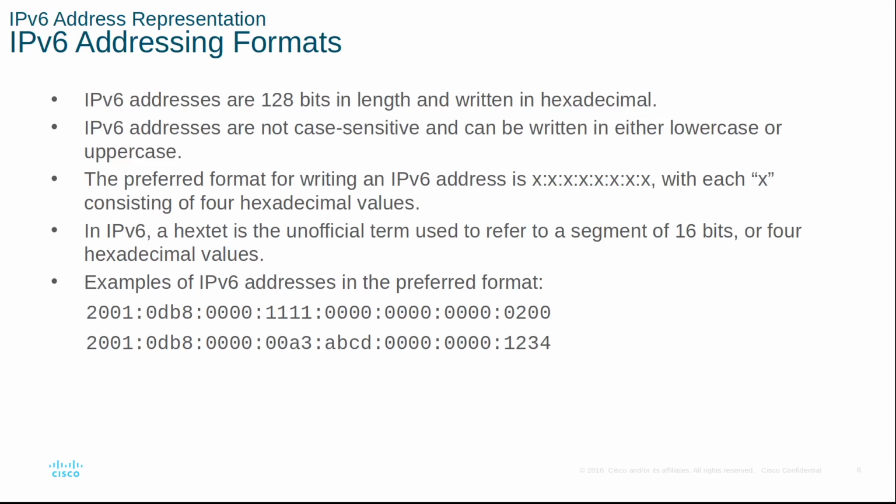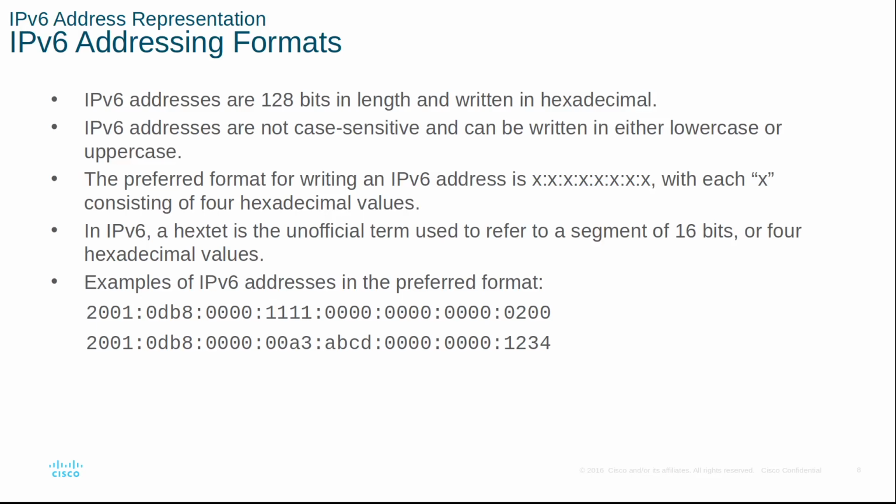That's totally fine. And the preferred format is writing it with each hextet, or grouping of hex values, separated by a colon. Hextet is the unofficial term that's being used, but it seems to be catching on, so that's what we're calling them. Here's some example IPv6 addresses in that preferred format.